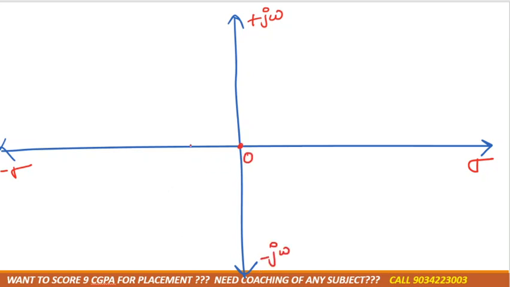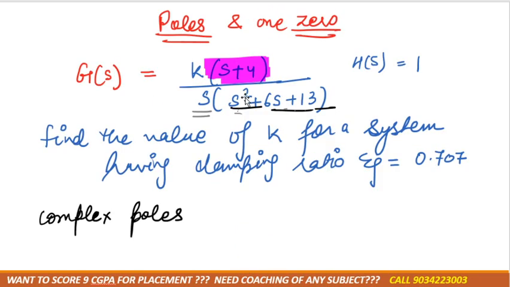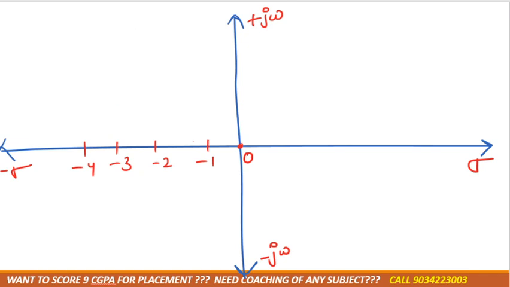It is 0, and suppose it is minus 1, minus 2, minus 3, minus 4 and so on, right? So let's see the number of zeros. The zero is s is equal to minus 4. Remember I told you those are represented by a circle, right? So it is minus 4, correct?